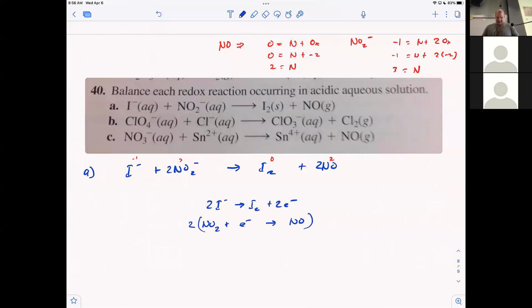And balance the oxygens. We have four oxygens here and 2 oxygens here. So we need another 2 oxygens on the right, so 2 waters. So we have 4 hydrogens on the right, we need 4 hydrogens on the left. And we're done.